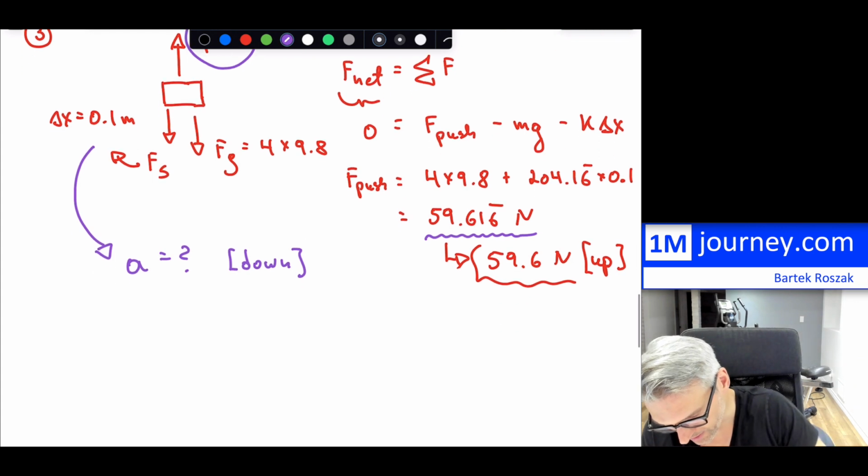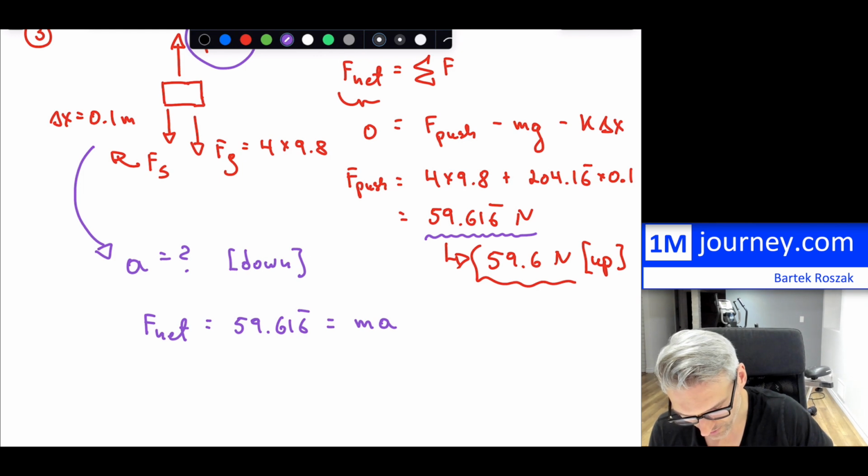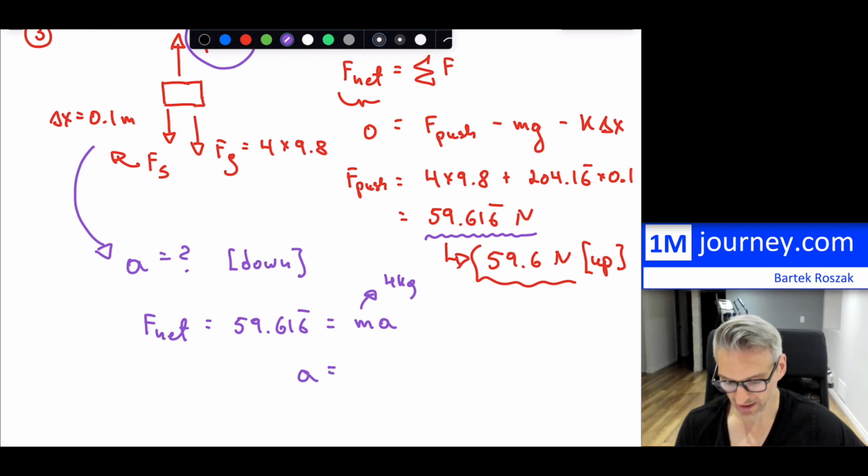And so from this, F net is no longer going to be 0. Your F net is going to be 59.616, etc. And that is equal to mass times acceleration. Now, the mass is just 4 kilograms, so we can get the acceleration by dividing the force by 4 kilograms.